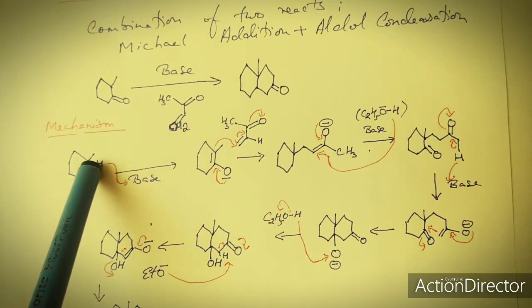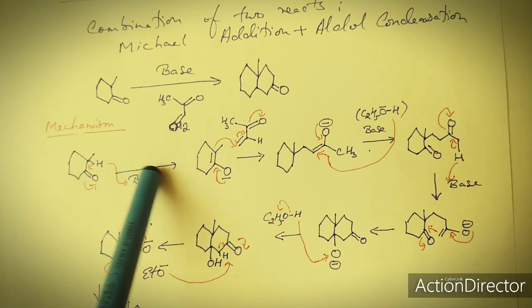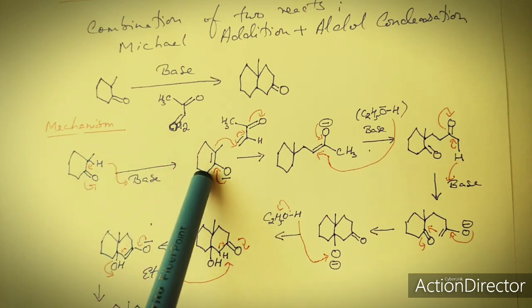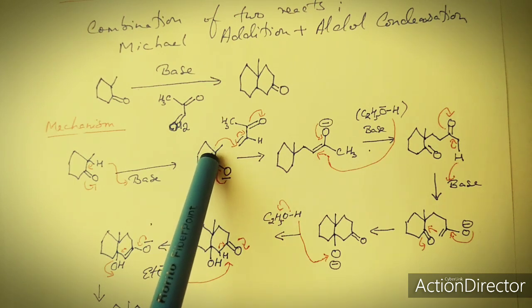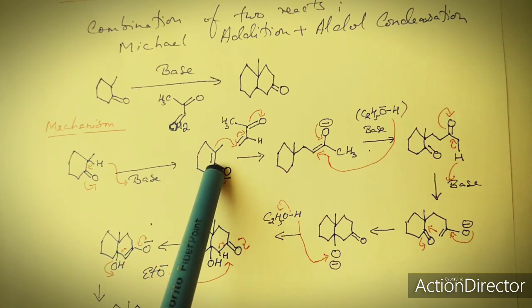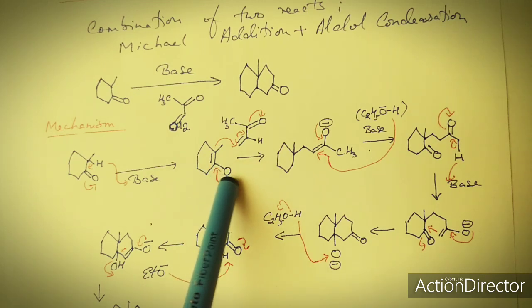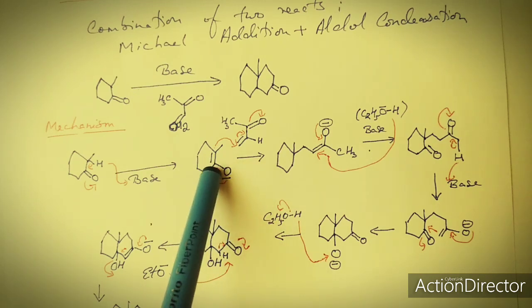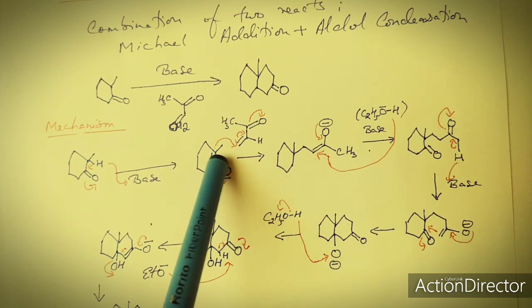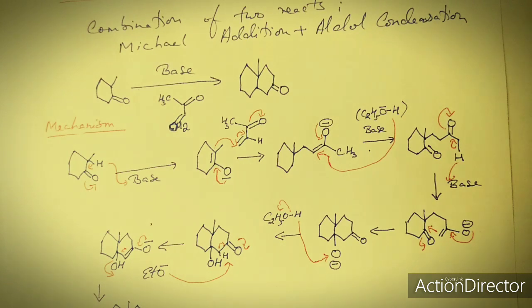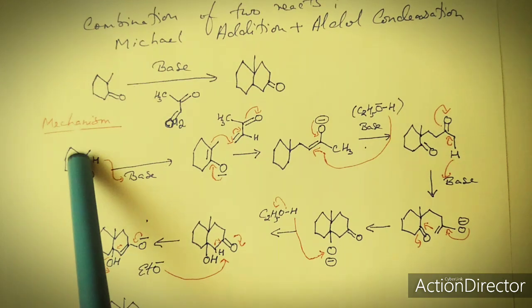Now the Michael reaction will proceed. Once this carbanion has been generated, it will react with this alpha beta unsaturated carbonyl, because the carbonyl is an electron withdrawing group. So with the result, now we have developed this negative, hence this will be carbon positive, and this will react in such a way, because the carbanion has been generated. So this is the carbanion over here.